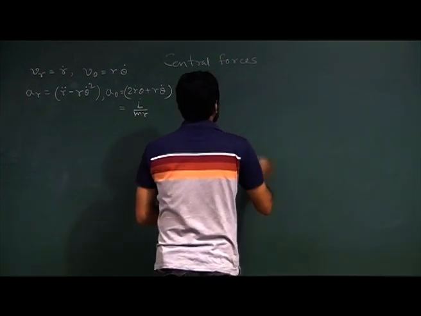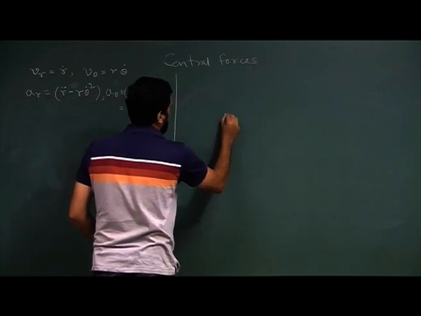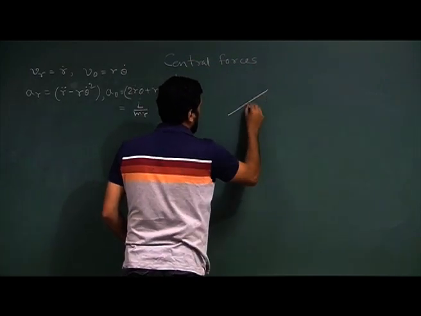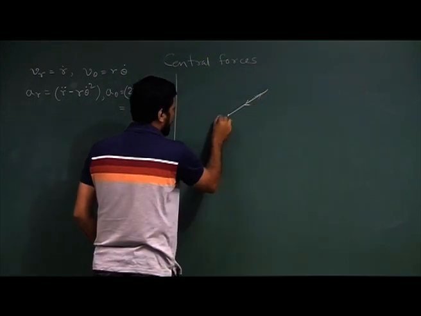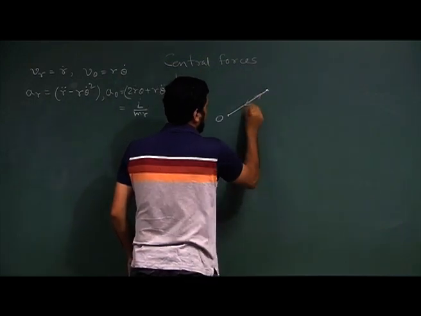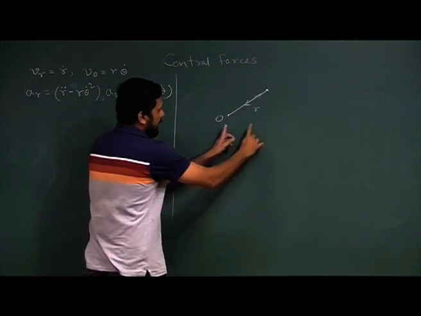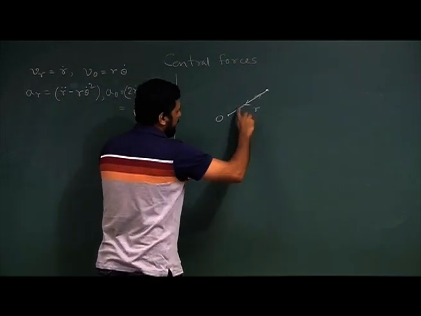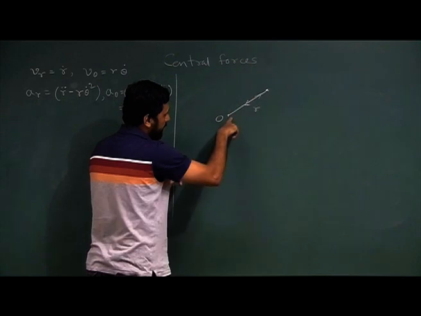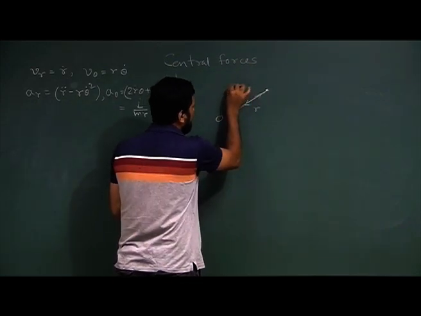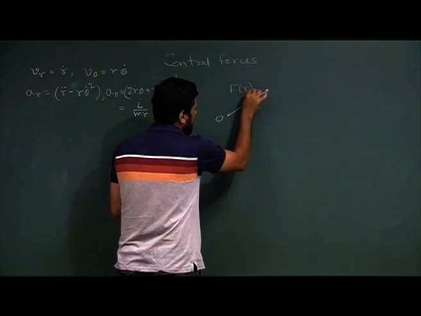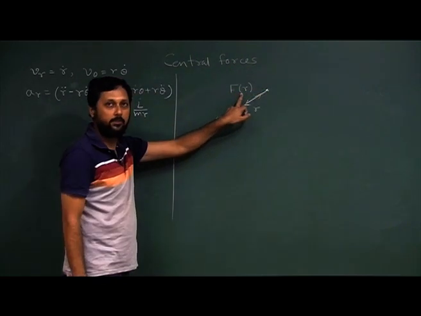Now, a central force, which is a force always either along or away from a fixed point at a distance r. So, it is either pointing towards the fixed point or moving away from the fixed point, and if you remember, the magnitude of the force is a function of r only, that is the property of a central force.